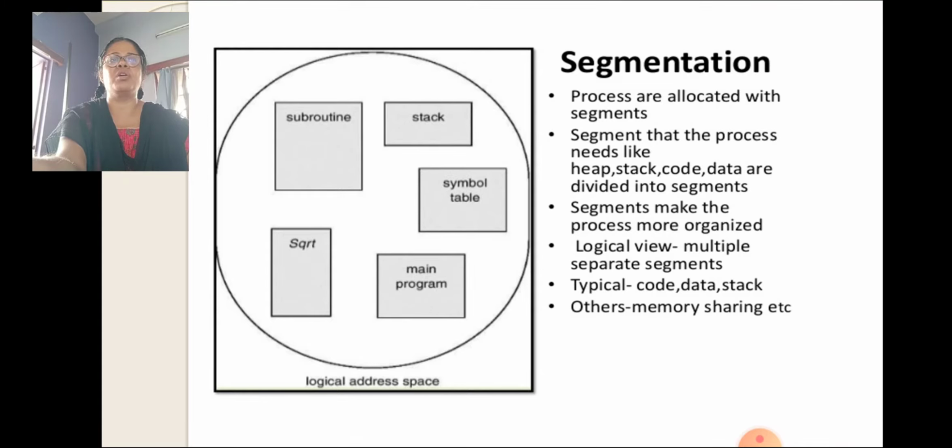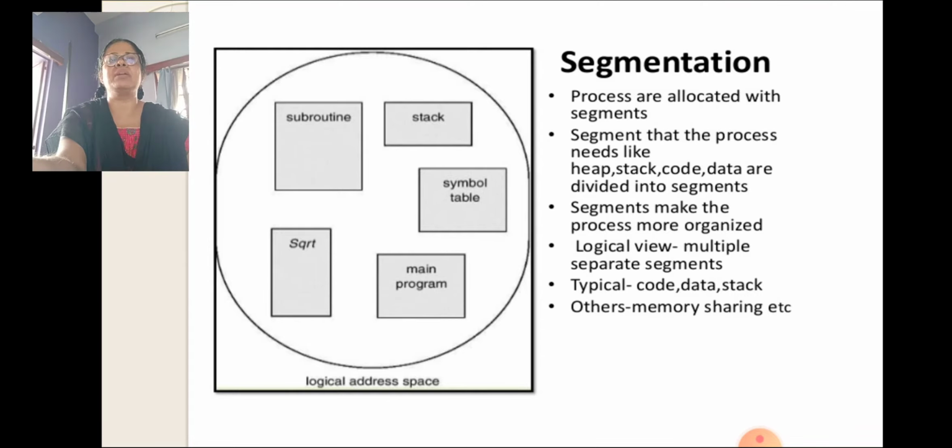Each of these modules or data elements is referred to by name. We may talk about the stack, the math library, the main program, without caring what address in memory these elements occupy. We are not concerned with whether the stack is stored before or after the sqrt function.